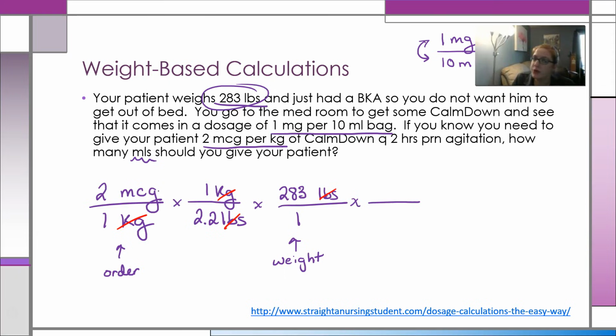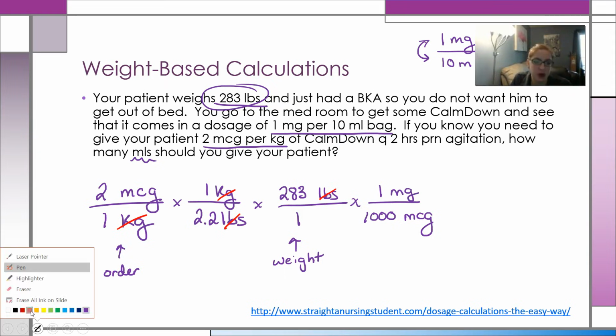Micrograms and milligrams are not quite the same, right? We need to convert from micrograms to milligrams before we can use that unit conversion. So we know that there are 1,000 micrograms in every 1 milligram. Sweet. And then we do some crossing out. Micrograms, bye-bye. It was nice knowing you.